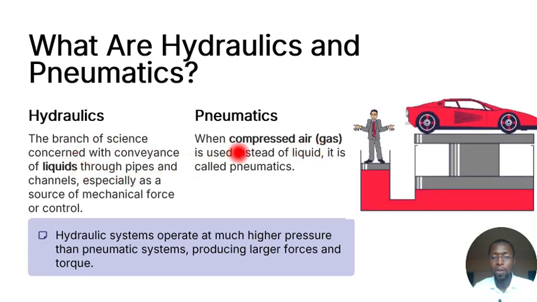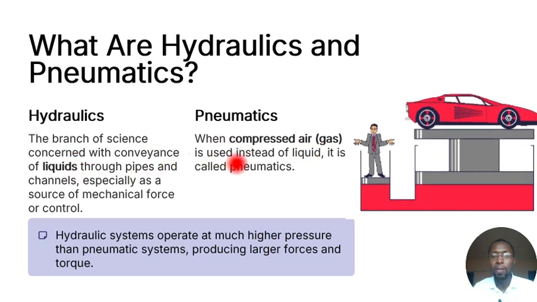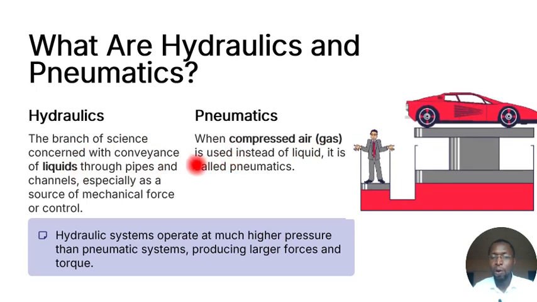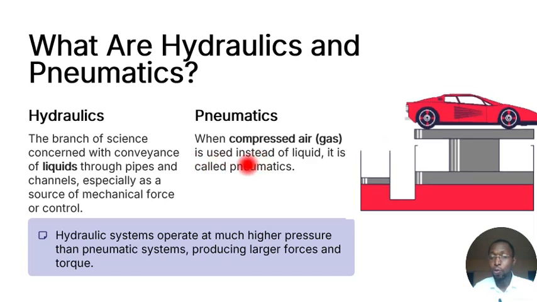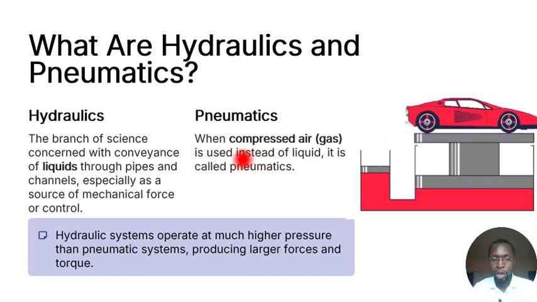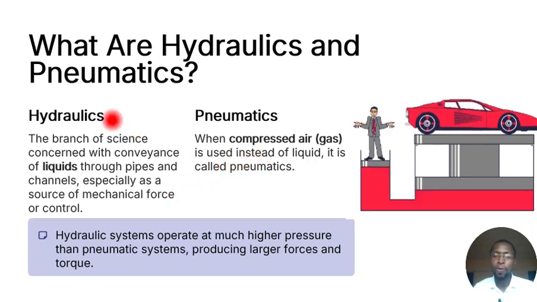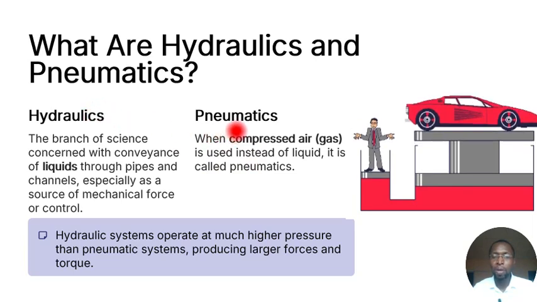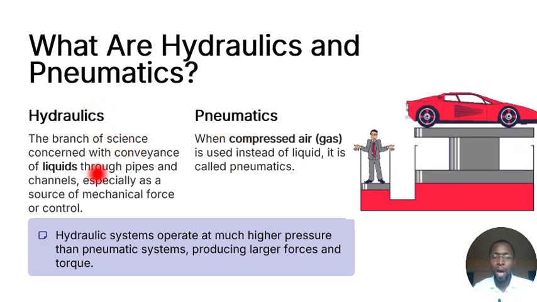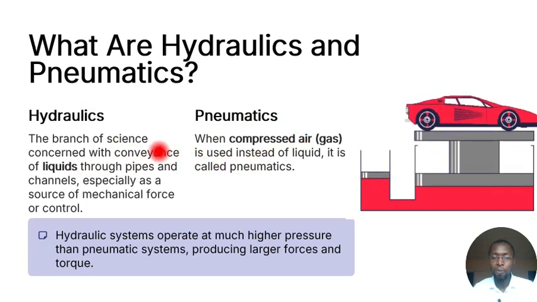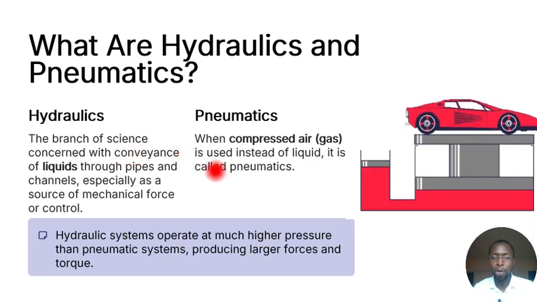So we could say that pneumatics is a branch of science concerned with conveyance of air or gas through pipes and channels, especially as a source of mechanical force. So the difference between hydraulics and pneumatics is that where we have liquid, we replace it with air. And the main function of this liquid is to be used as mechanical force.